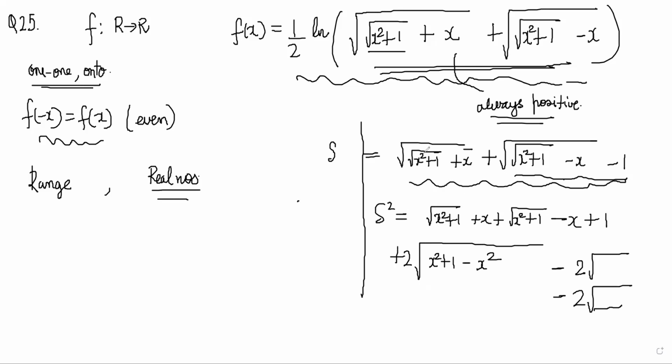Correct, it is a plus b plus c whole square. No, I'm saying a square is this, b square is this, c square is this.